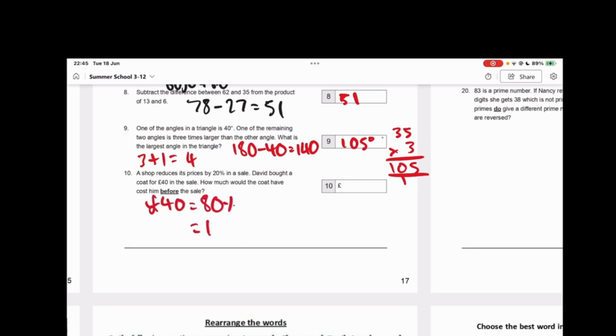So 10% will be 40 divided by 8, which is equal to £5. So then 100% is that £5 multiplied by 10. So the answer to question 10 will be £50.